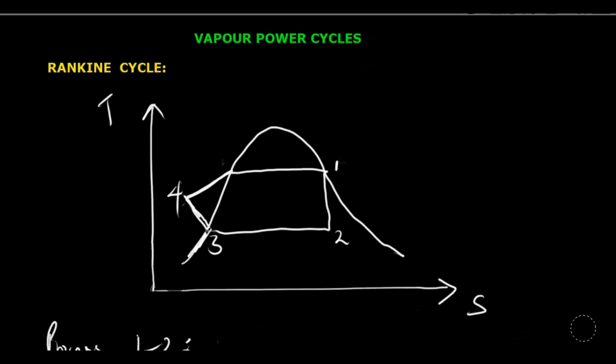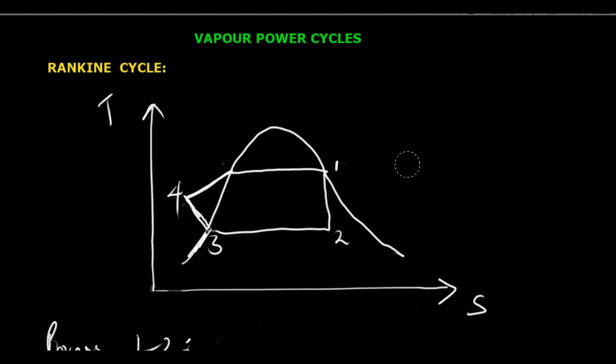It also has a very low work ratio, so nobody will want to work with that. Practically, we go with something that will yield a better output. Hence the Rankine cycle.